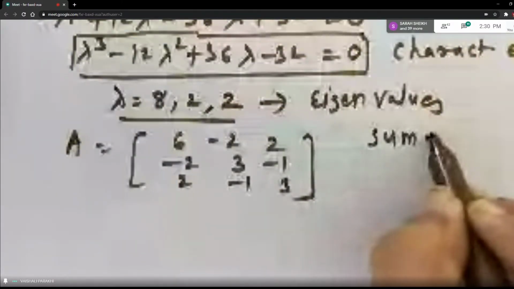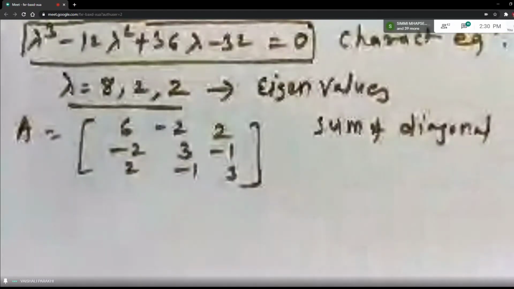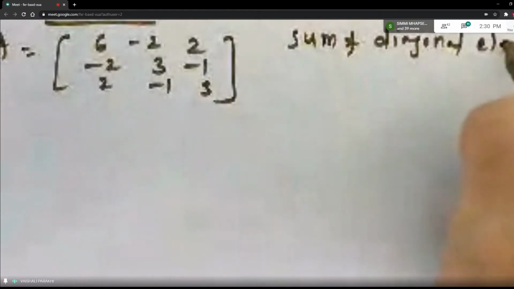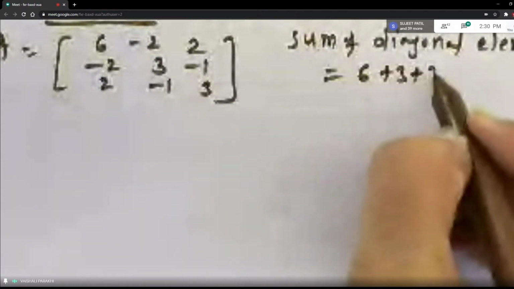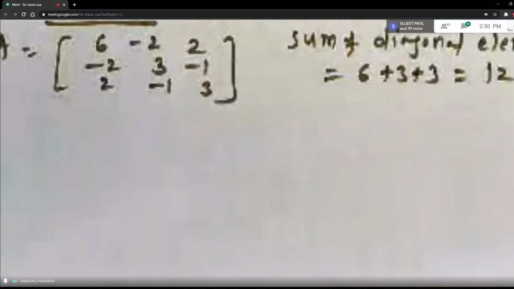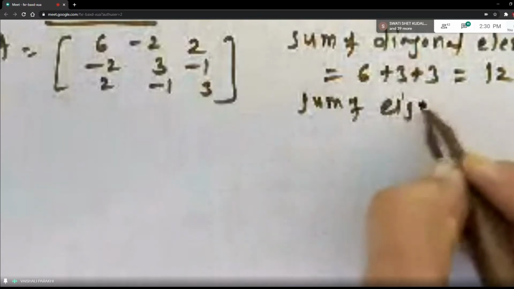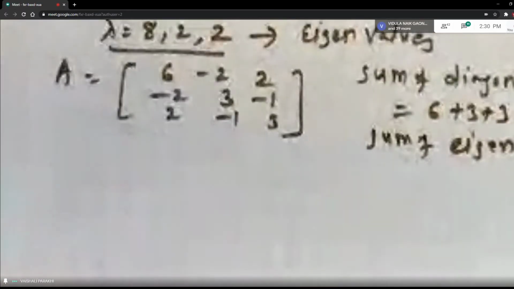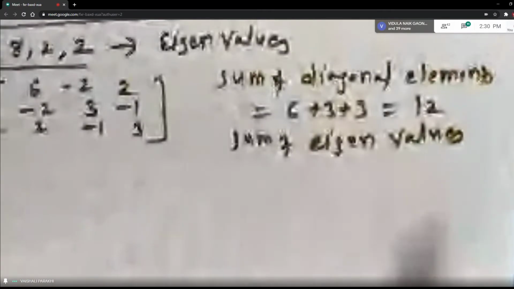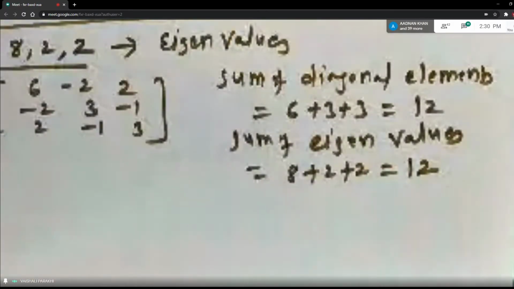The sum of diagonal elements is 6 plus 3 plus 3, which is 12. And what is the sum of eigenvalues? Eigenvalues are 8, 2, 2, so the sum is 8 plus 2 plus 2, and that is also 12, correct?